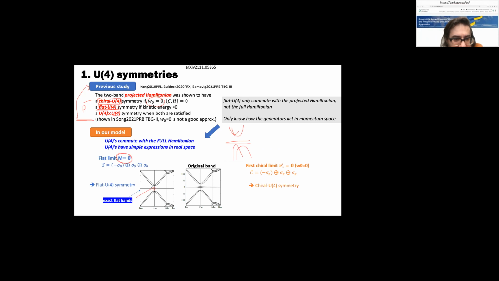Remember, the flat bands did this. This was M. When you take M to be equal to 0, you actually have a U4 symmetry in the model, and we'll be using that symmetry to characterize the states. And then make M non-zero to break the symmetry and see which state of the full U4 manifold the system will go into.